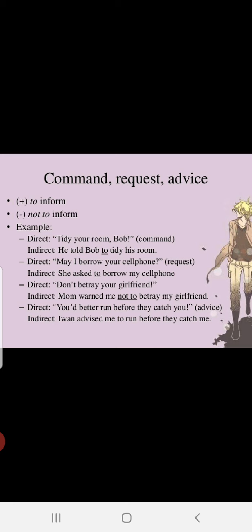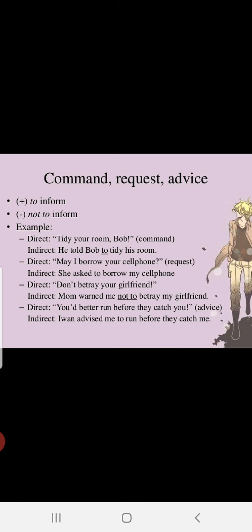Betray means to deceive. Again, you'd better run before they catch you. Advice. This is one advice given in indirect speech. Yvonne advised me to run before they catch me. See, who advised this? Yvonne. You can say a friend advised me. You can add this. No problem.